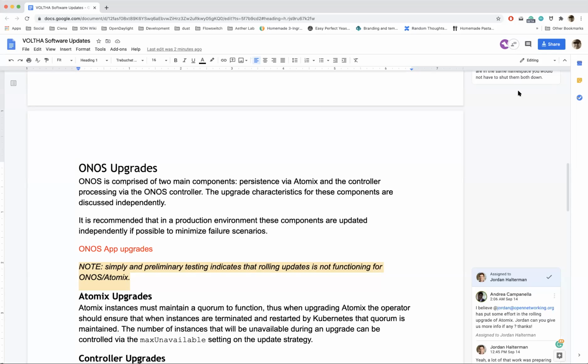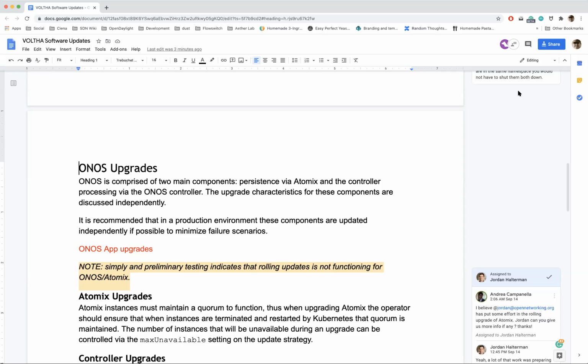Well, the thing is that even within the master code base, there are different versions of each service. So we might look at going from a previous version of the OpenOLT adapter, even within the same release, to the master version.